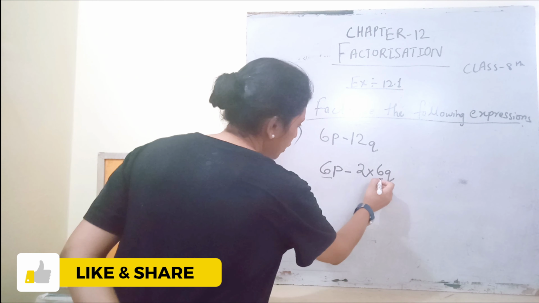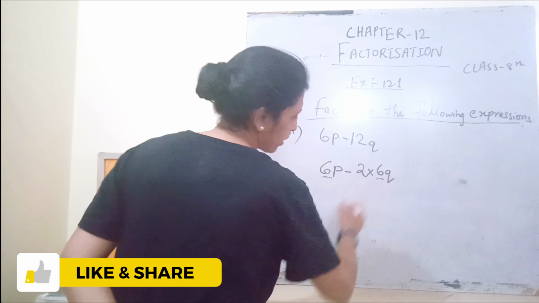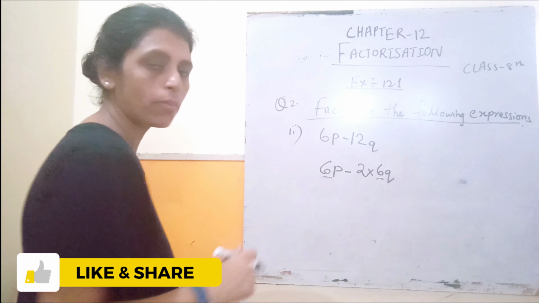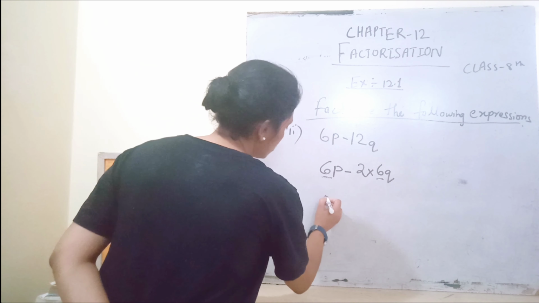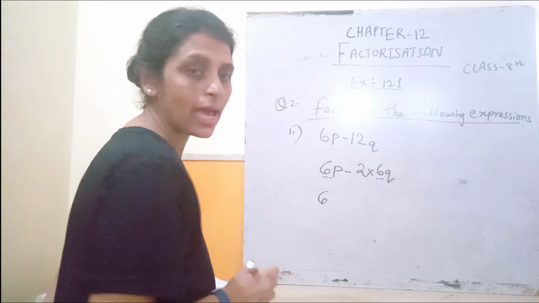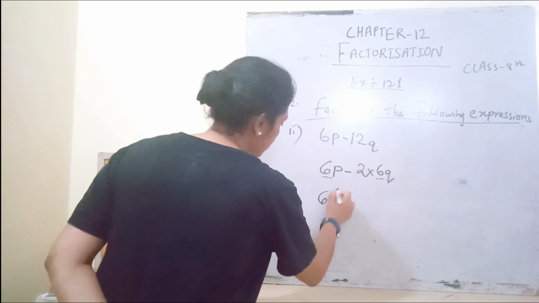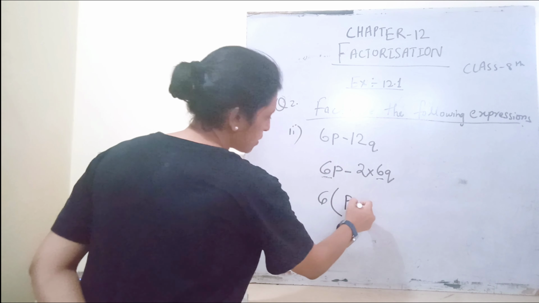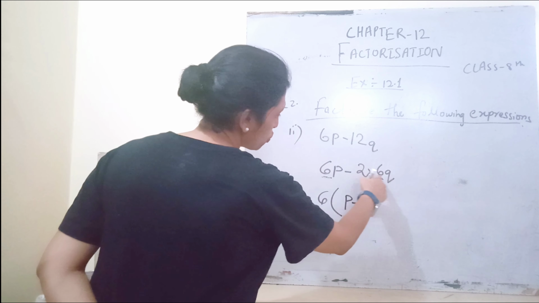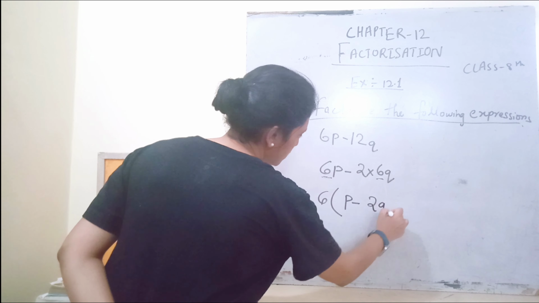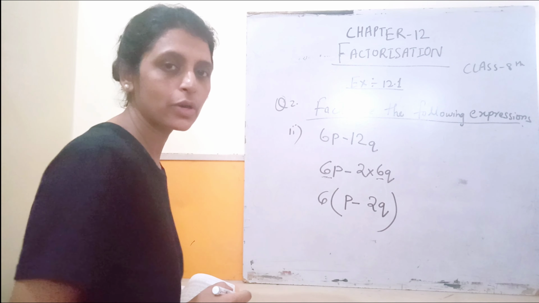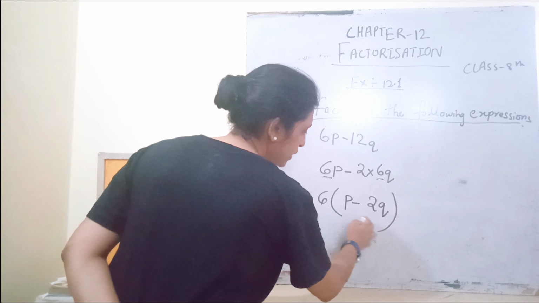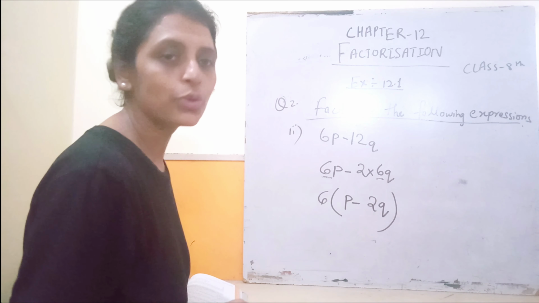So we can take 6 as a common factor from both the terms. In both the terms we can take 6 as a common factor. So I took 6 as a common factor. What is left behind? We are left with p in the first term minus 2q in the second term. So we got the factors as 6 multiplied by p minus 2q.